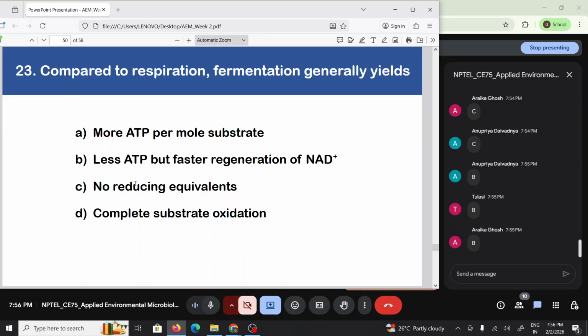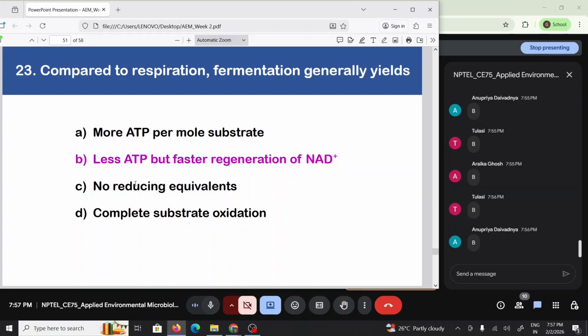Again, another question related to the same concept. Compared to respiration, fermentation generally yields... Exactly.